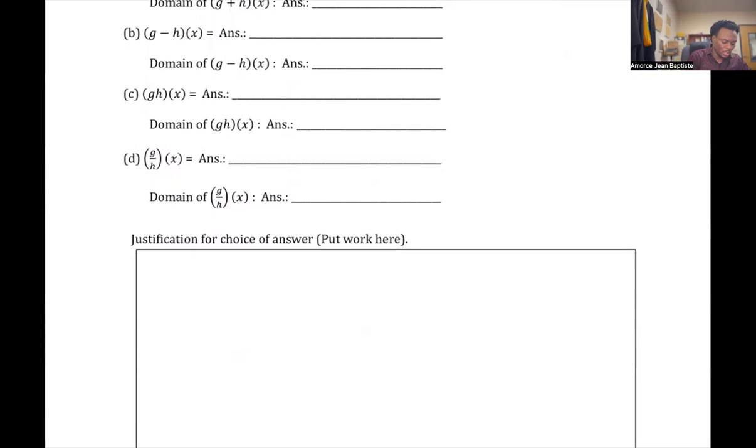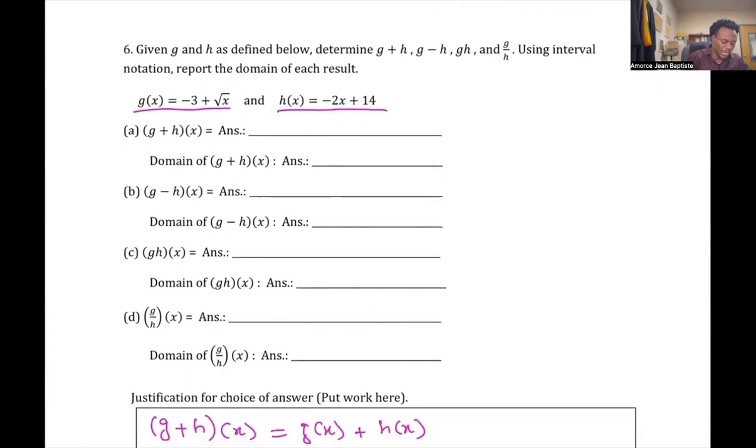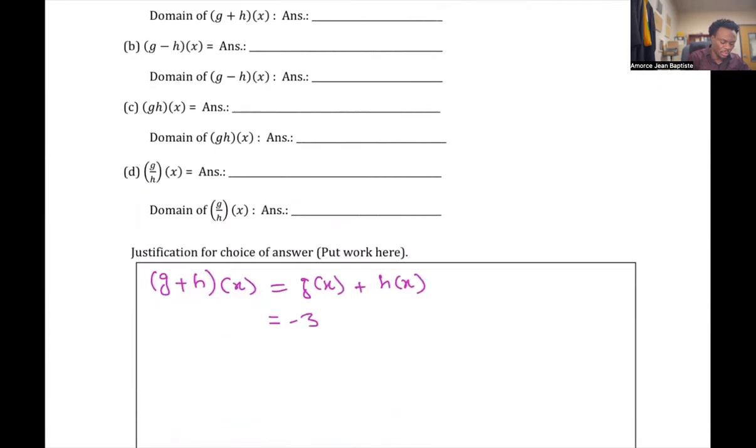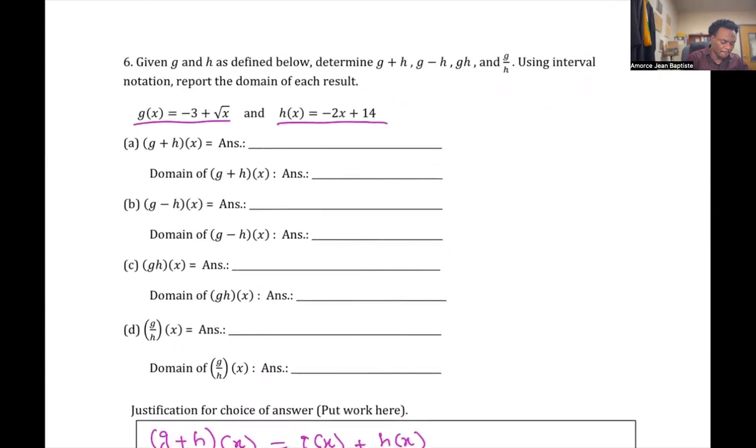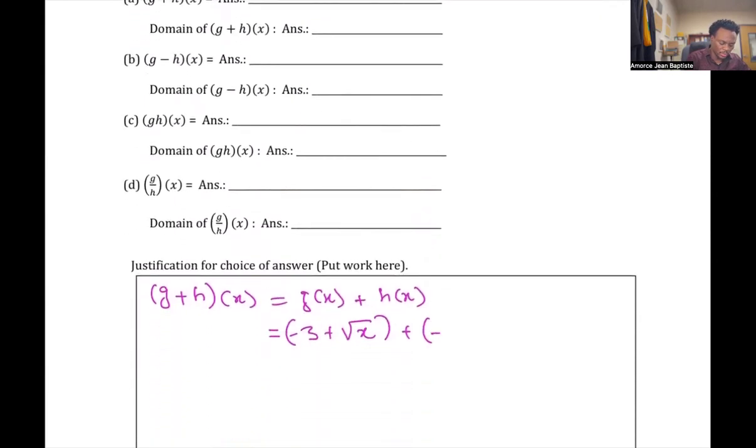So let's start with g plus h of x. That is g of x plus h of x. So replace g of x by negative 3 plus square root of x, and then h of x by negative 2x plus 14.